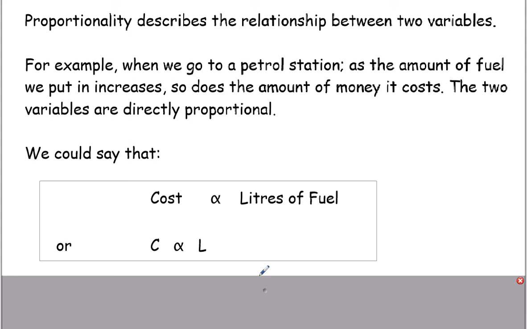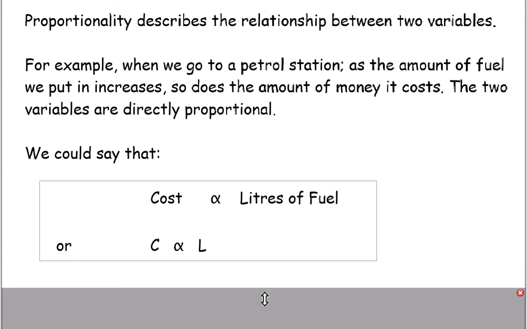That's the number that's the key to the maths, that doesn't change while you're filling the car up. That amount might change week to week, yes, but while you're filling your car up, that does not change. So if you know how many litres you've bought, you can work out how much it costs. If you know how much you've spent, you can work out how many litres you've bought, as long as you have the key bit of information, which is the cost of 1 litre, the constant of proportionality.